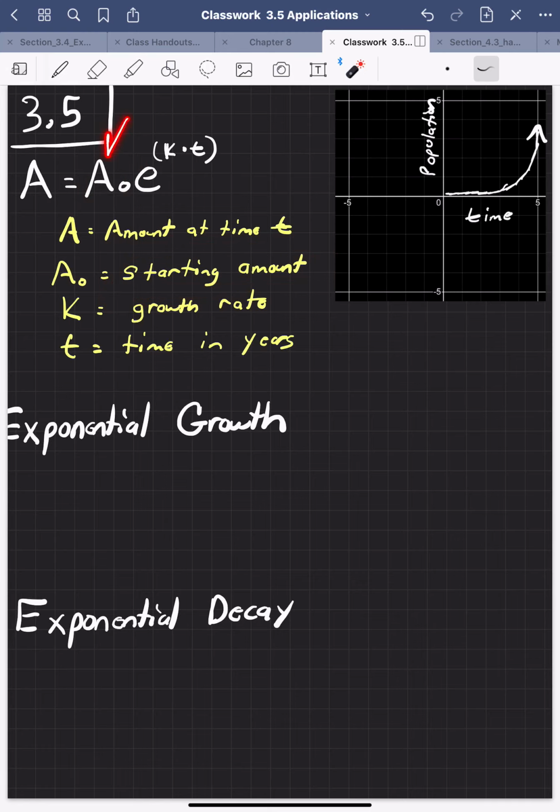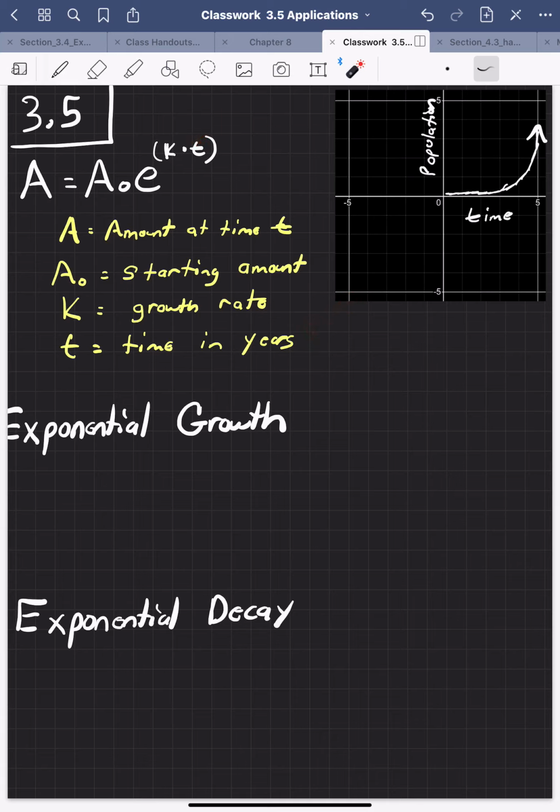You could think about that as the starting population, if you'd like. The K, instead of referring to it as interest rate, we're going to refer to it as growth rate, because even if you were looking at fruit flies in a laboratory, they would have a certain growth rate. T is the same; it's just going to remain time in years.